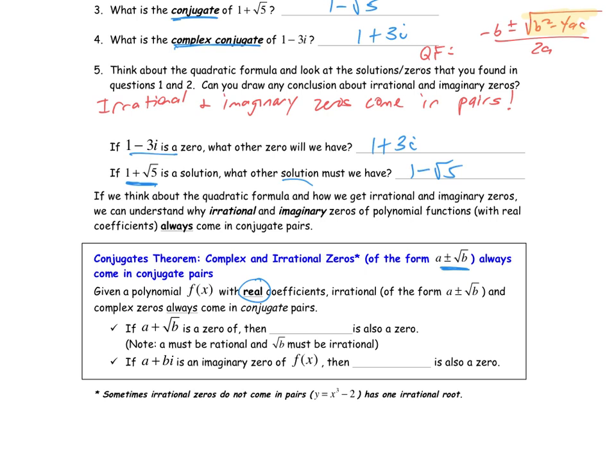So if a plus rad b is a zero, then a minus rad b is also a zero. A must be rational and rad b must be irrational, otherwise this wouldn't be true. And if a plus bi is an imaginary zero, then the complex conjugate a minus bi is also a zero.